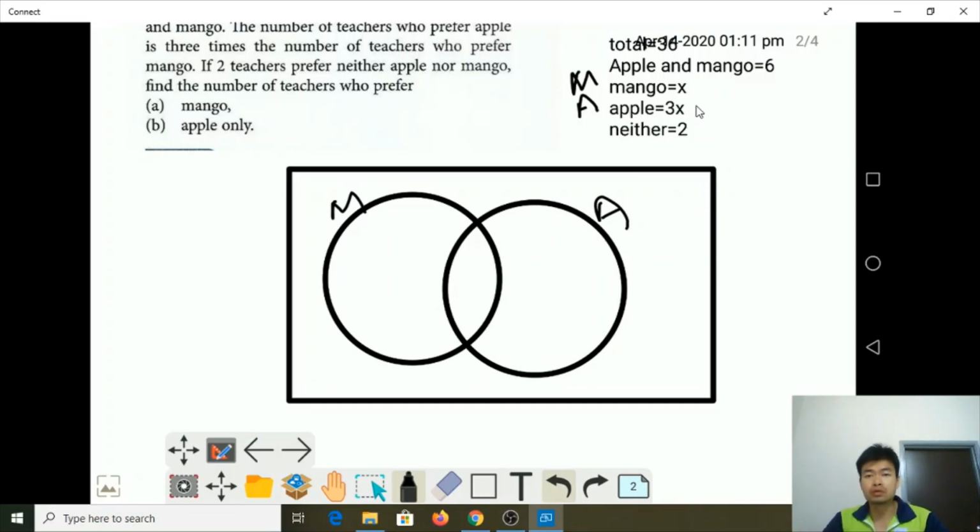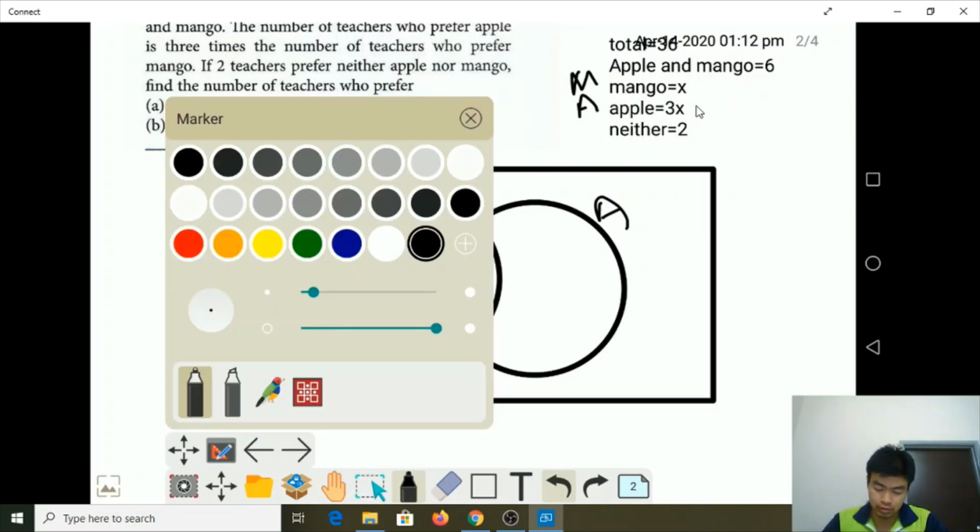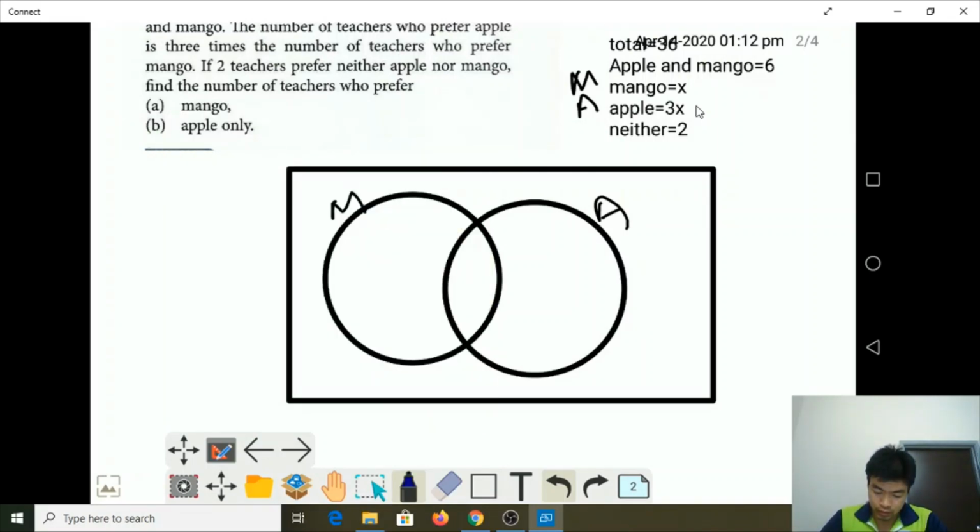Remember, always fill from the inside to outside. The innermost information that I need to fill in is the intersection of M and A, the number of teachers who prefer both fruits, which is 6. How about mangoes?